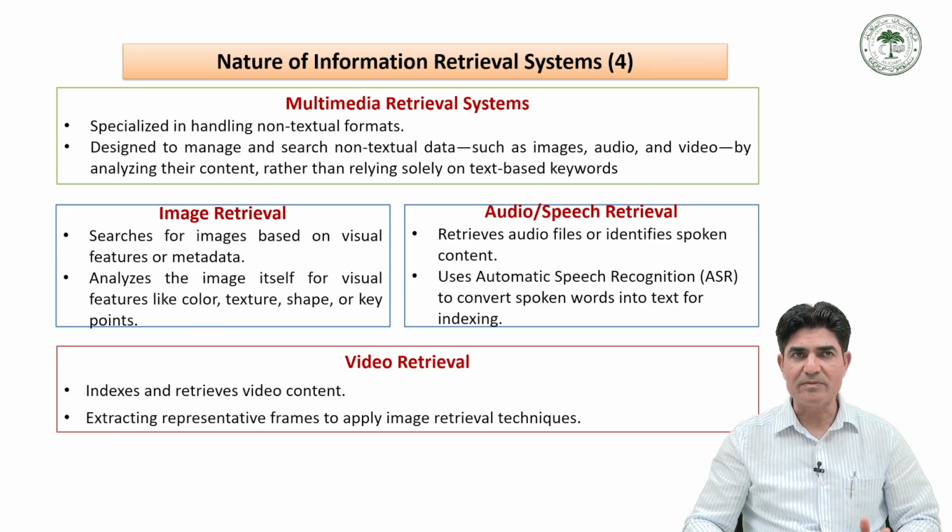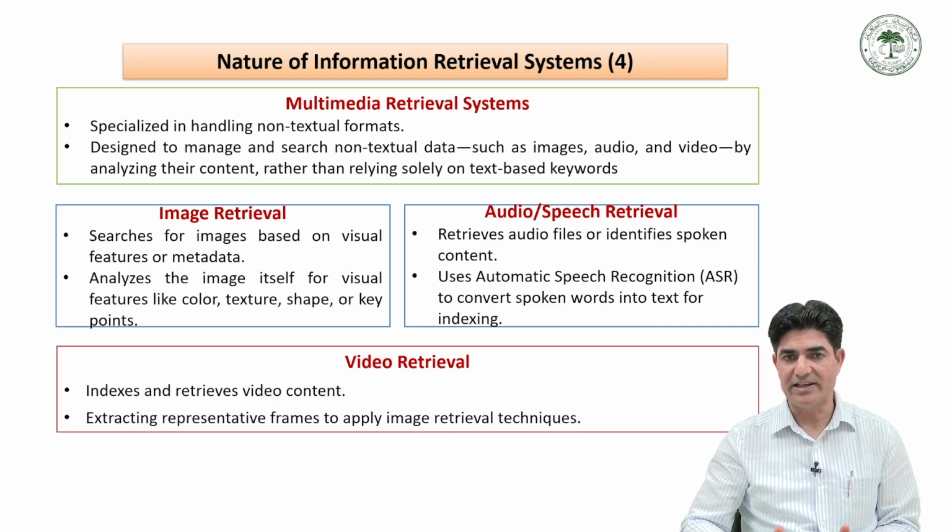These systems use automatic speech recognition to convert spoken words into text for indexing purposes. And a video retrieval system indexes and retrieves video contents, and is useful for extracting representative frames to apply image retrieval techniques.